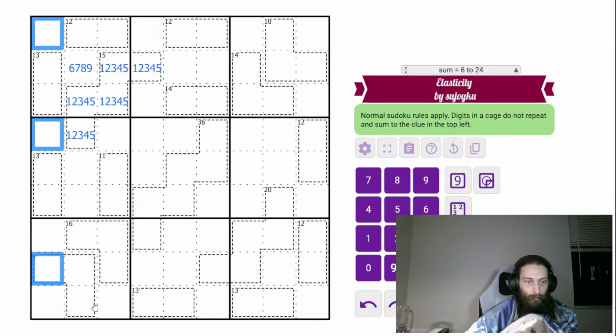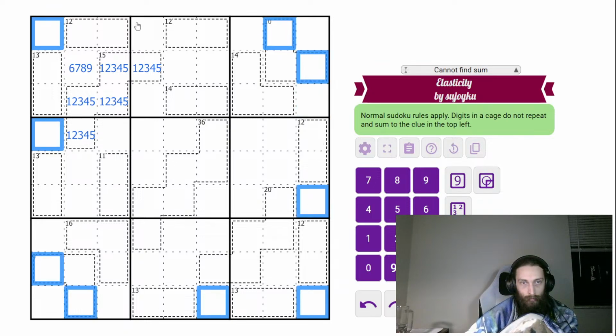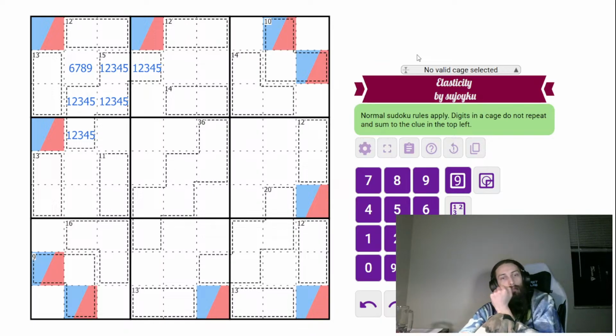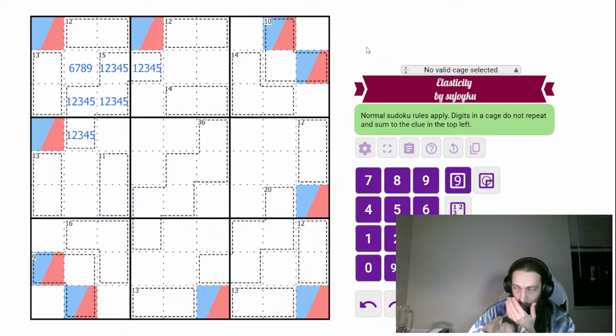Okay. I still think marking where 1s and 2s go in the ring around the outside, rows 1, 9, and columns 1, 9 is relevant.